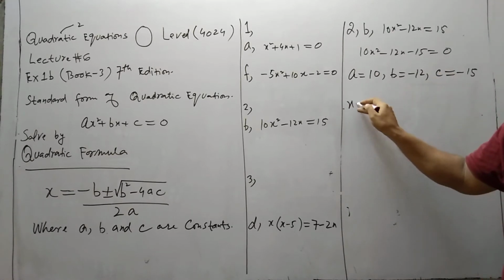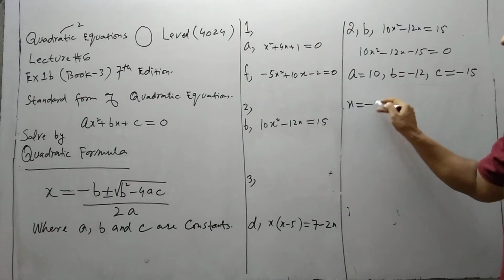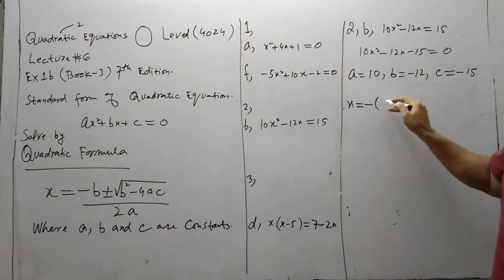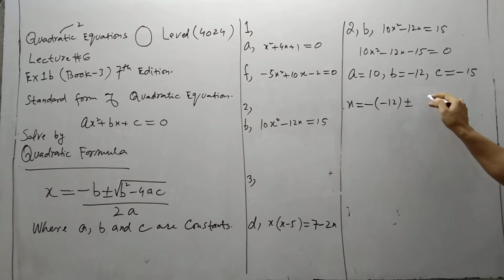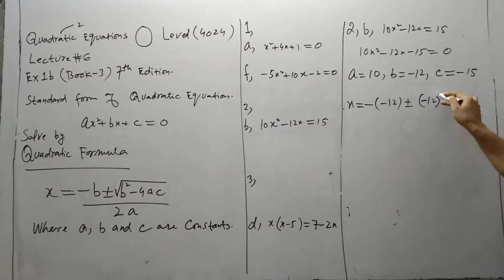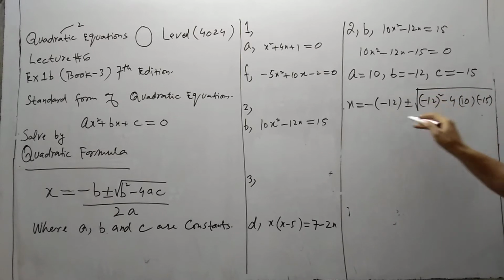Okay? So x is equals to minus b. This minus from formula and this minus from the question. Plus minus square root of b square minus 4ac upon 2a.